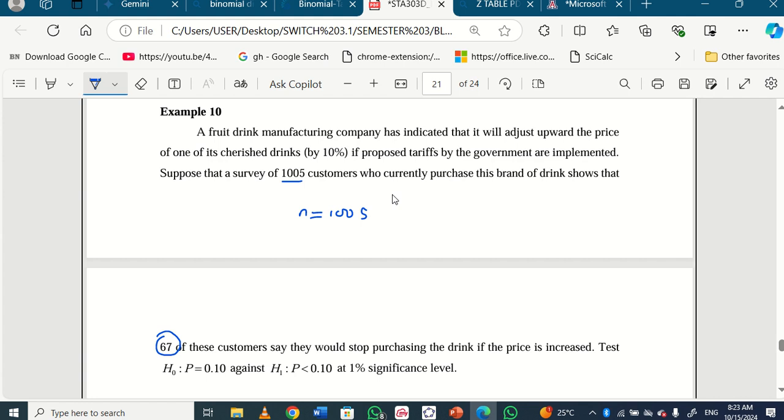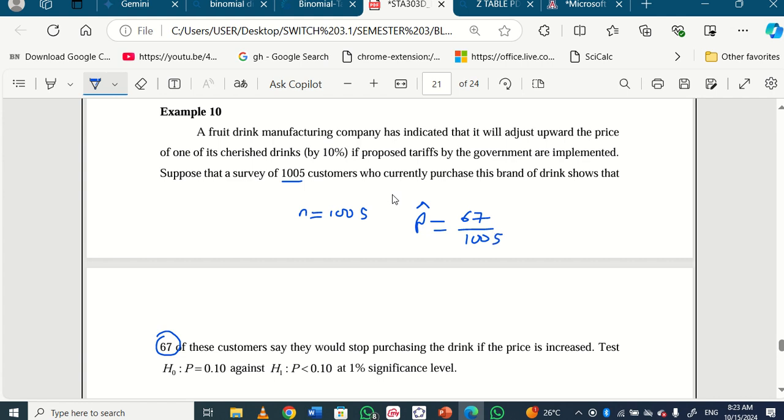So it means that this is our interest, and therefore our proportion, p hat, becomes this 67 divided by the total sample size, which is 1005.